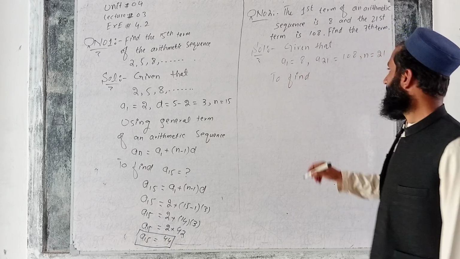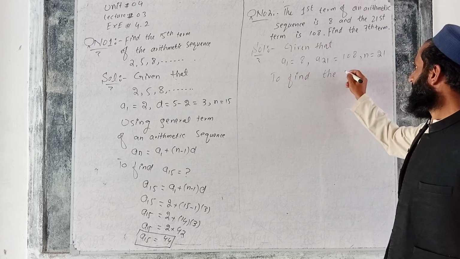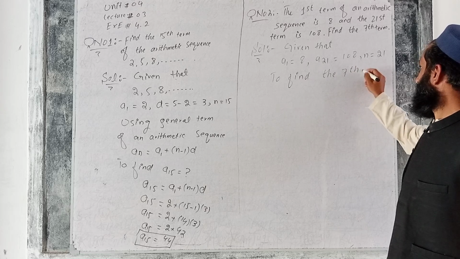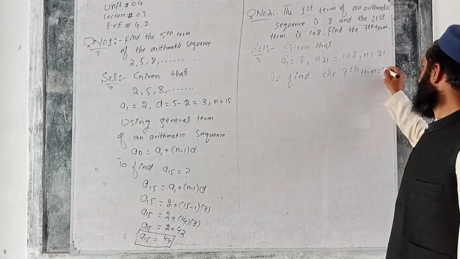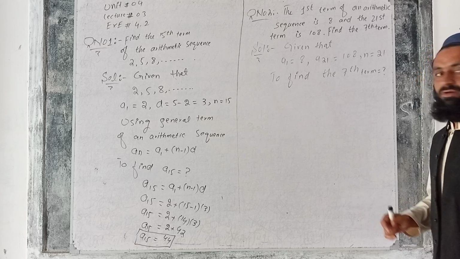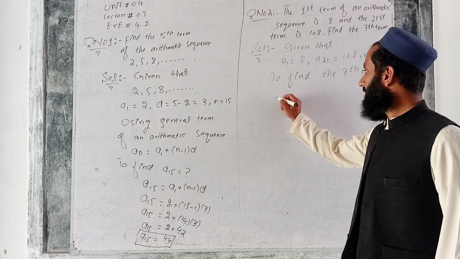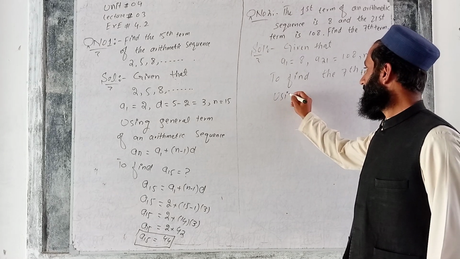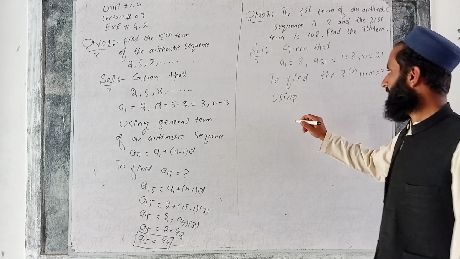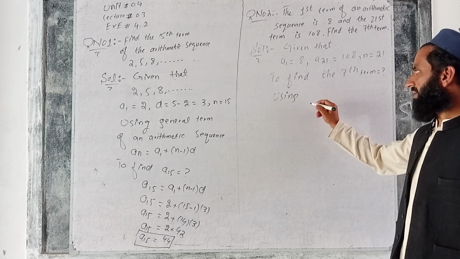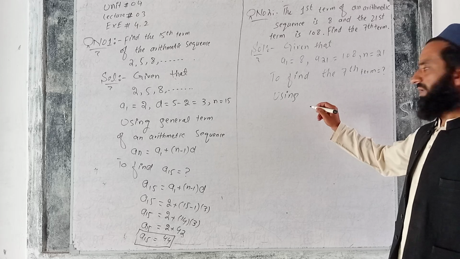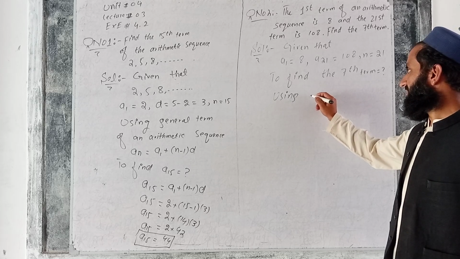We want to find the seventh term. Before finding the seventh term, we have to find the common difference using the general term of an arithmetic sequence, or the nth term of an arithmetic sequence.